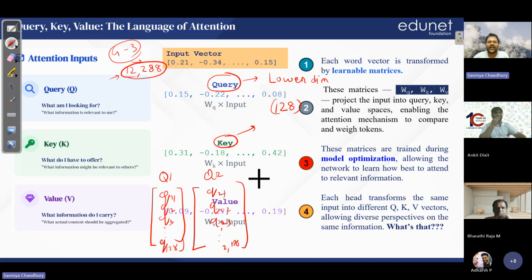The number of questions you ask: this one is a single question. Suppose this question says, is it a noun? The second question is, is it an adjective?